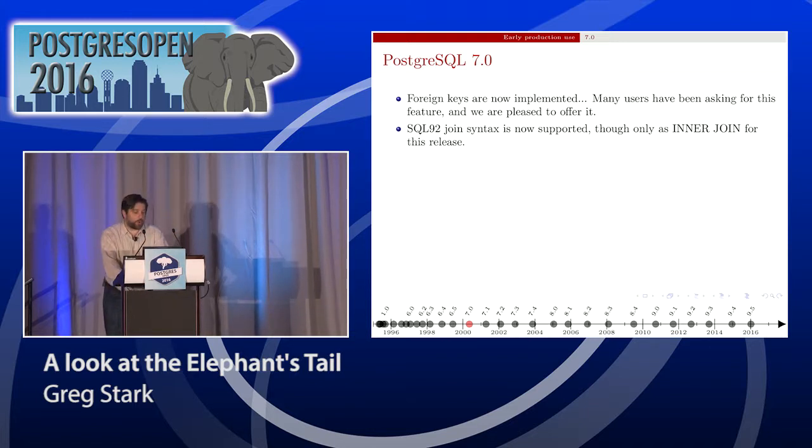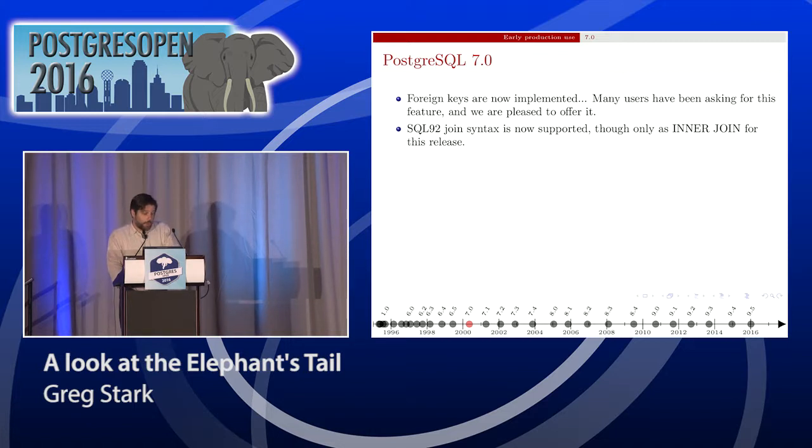So Postgres 7.0 was really the first. The major version bumps in the past have been because Postgres acquired some major feature that was considered a watershed feature that would open up major new use cases.